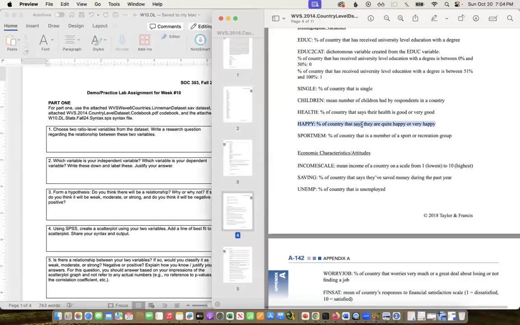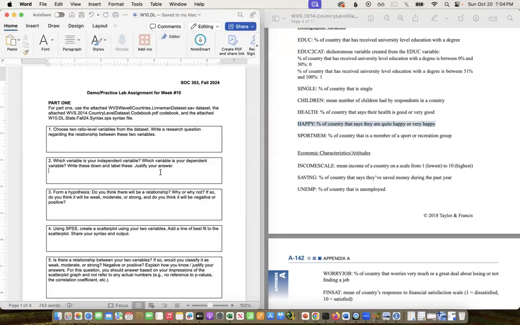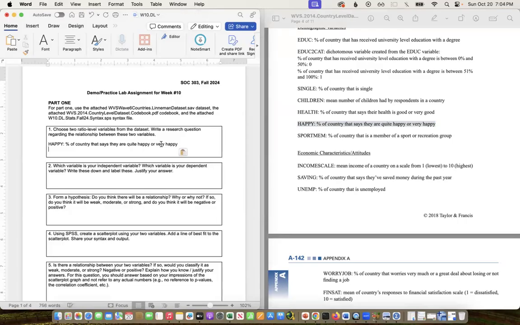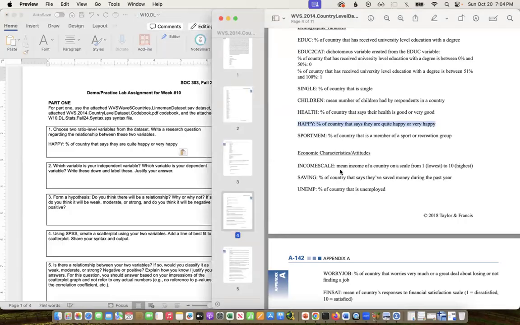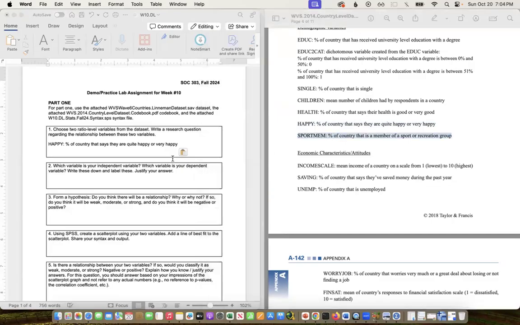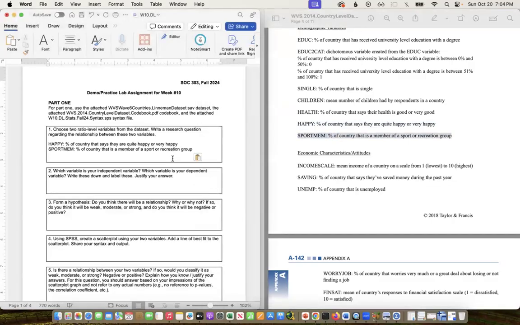Why don't we do, I think this one's interesting, happy. Like the percent of the country that says they're quite or very happy. And then why don't we just do this one too? So sports or recreation group membership.